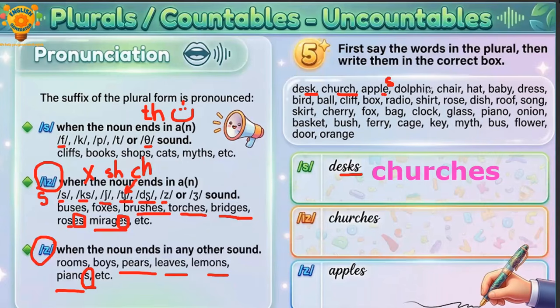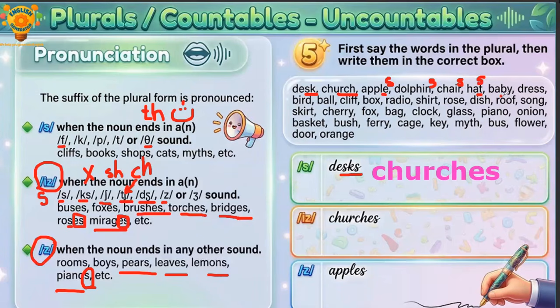And the word dolphin, we would just put z at the end, so it would be dolphins. And about the word chair, that's right, it would be chairs. Here we have the t sound, like these unvoiced ones, so we will say hats.